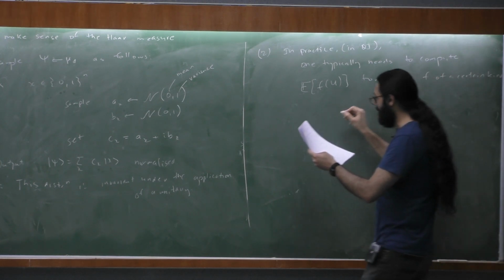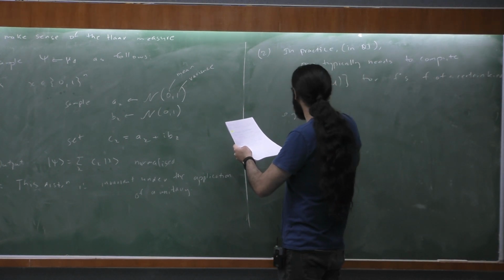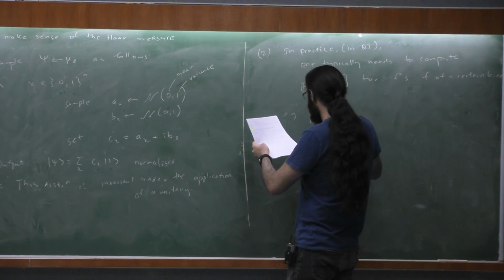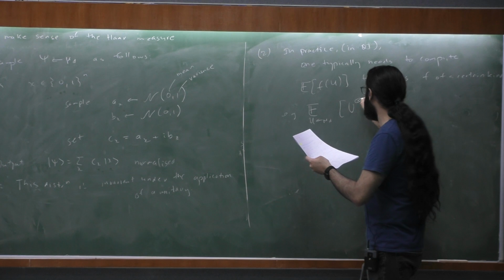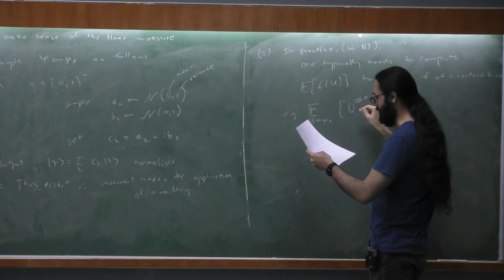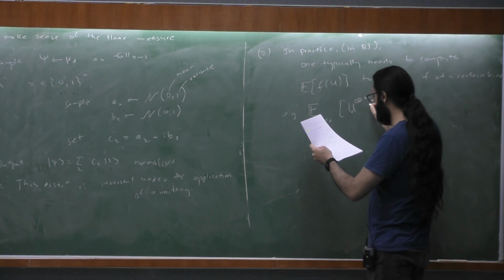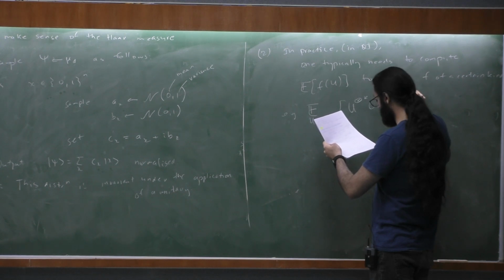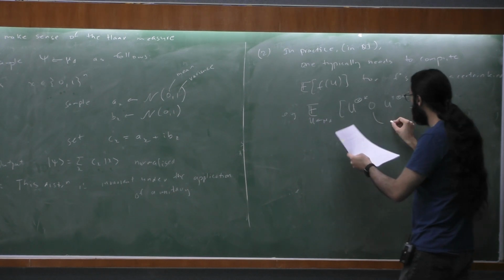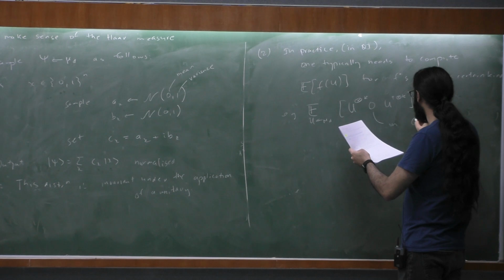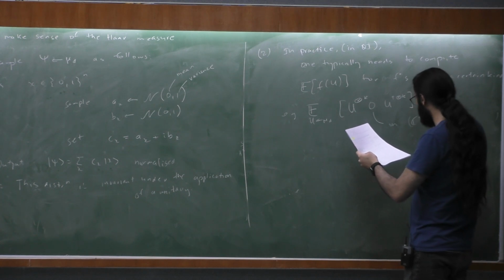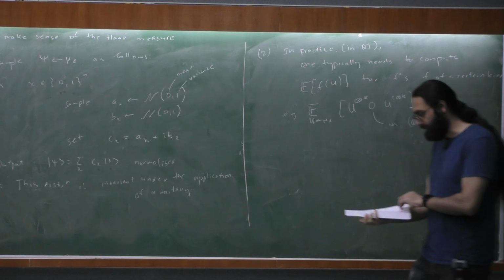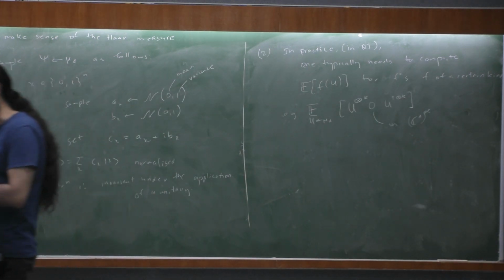One example is you're trying to compute this quantity. So f has this form: you have U tensor k, and then U dagger tensor k, right? It's sort of just some evolution, and this is some observable on C^d tensor k. Often these kinds of quantities are of interest, and we'll look at it again.